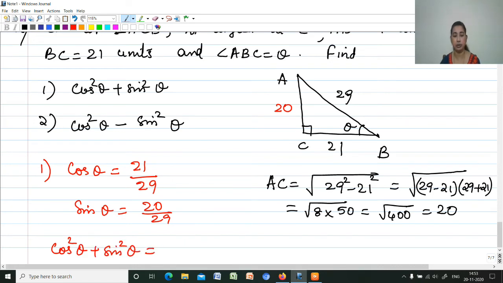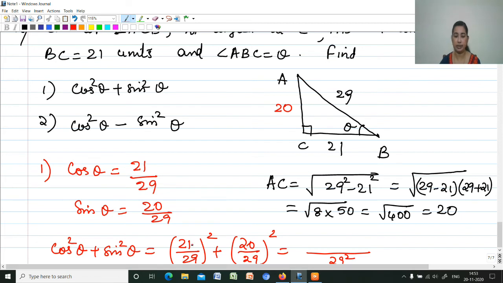That's equal to 21 by 29 whole square plus 20 by 29 whole square. That's equal to, denominator is same, 29 square. Numerator is 21 square plus 20 square, that is 441 plus 400, which is equal to 841 divided by 29 square is also 841. So the answer is 1. So cos square theta plus sin square theta is equal to 1.